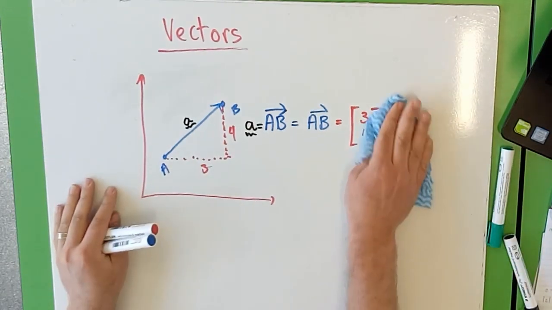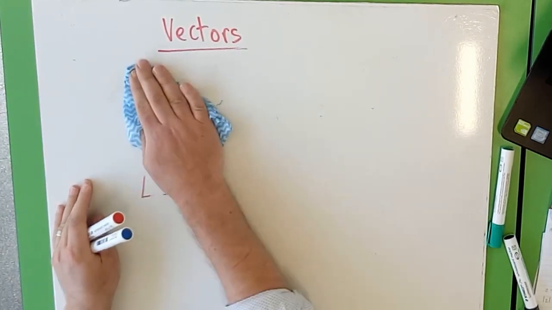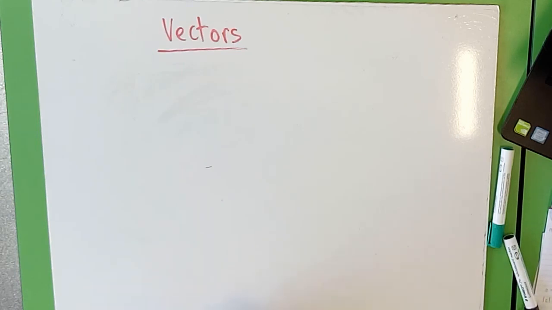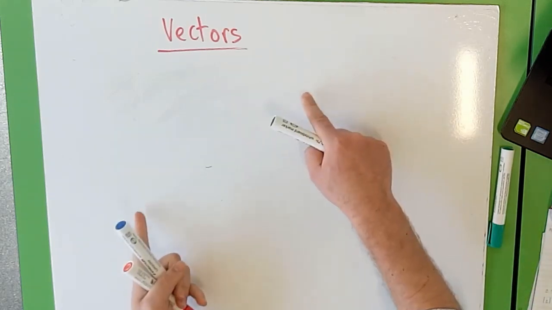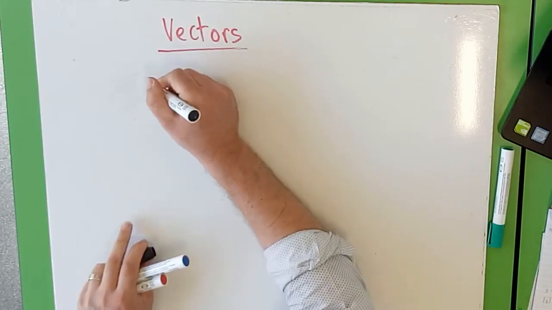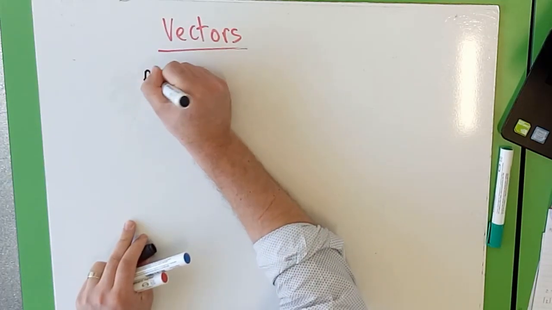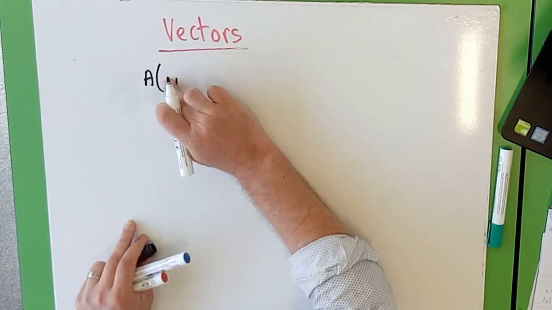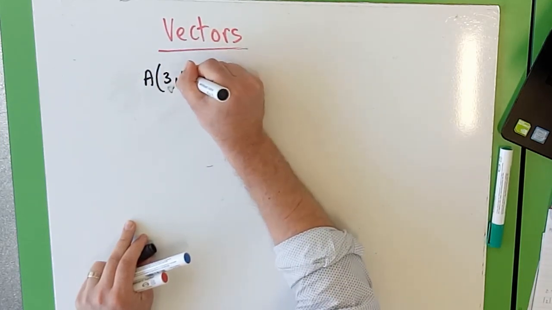Now let's get into the actual calculations and things you can do with vectors. We can look for the magnitude of the vector. We've talked about vectors having a length or a magnitude, how big the number is. So how do you find that? If you have a point on the plane, A, we'll make this at 3, 4.